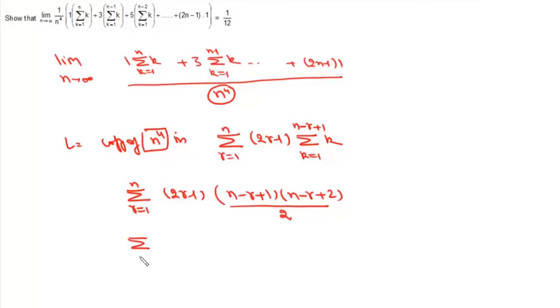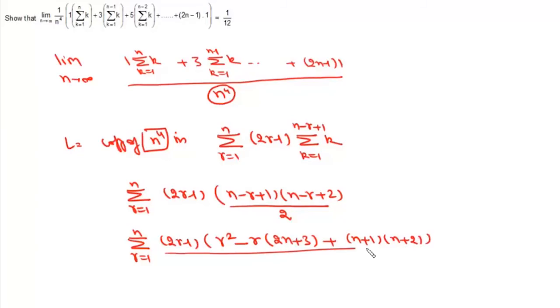Now we can write this as the summation r varies from 1 to n of (2r minus 1), and here it will be r square minus r(2n plus 3) plus (n plus 1)(n plus 2), whole divided by 2.